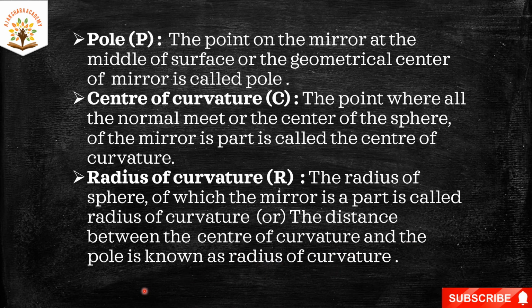P is nothing but the pole, and C is nothing but the center of curvature. Pole is represented by the letter P, the center of curvature is represented by the letter C, and the radius of curvature is represented by capital R.